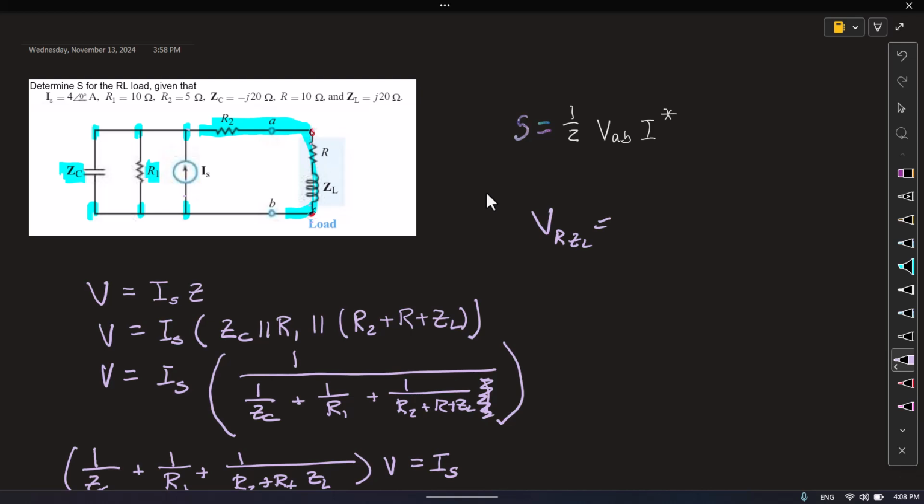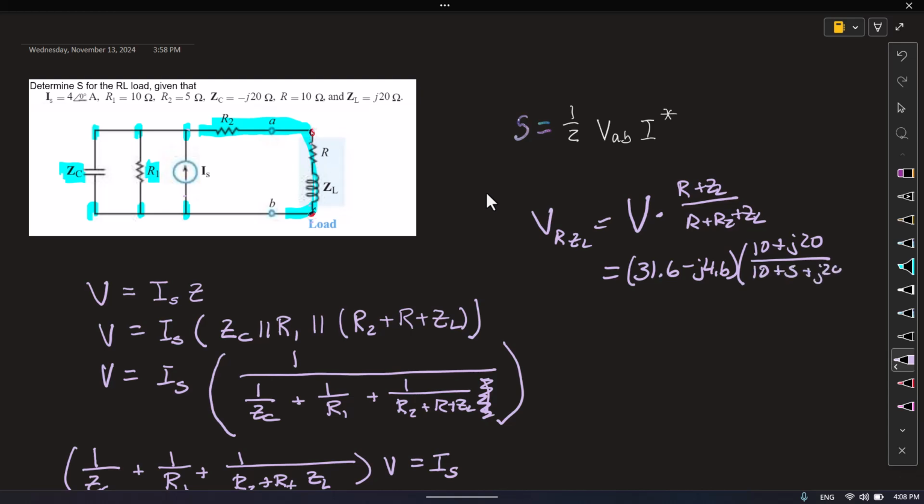It will equal this voltage that we just got times R plus ZL over R plus R2 plus ZL. So that's 31.6 minus J4.6 times 10 plus J20 over 10 plus 5 plus J20.